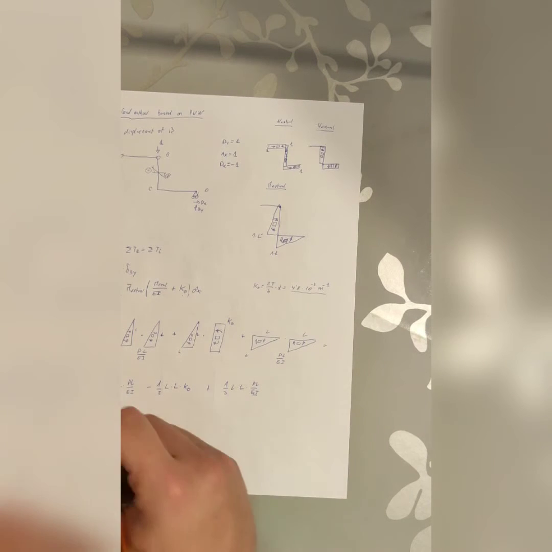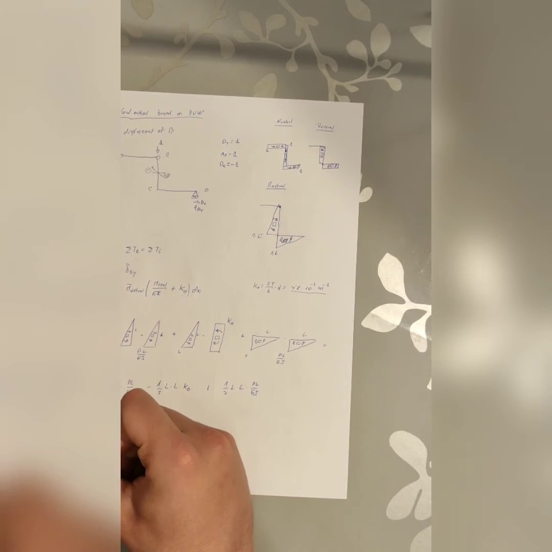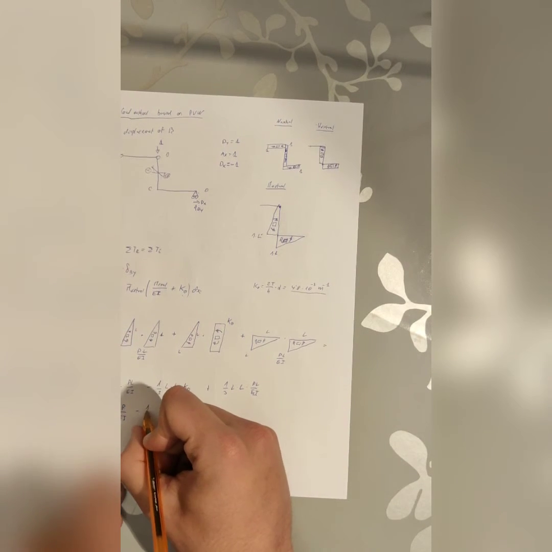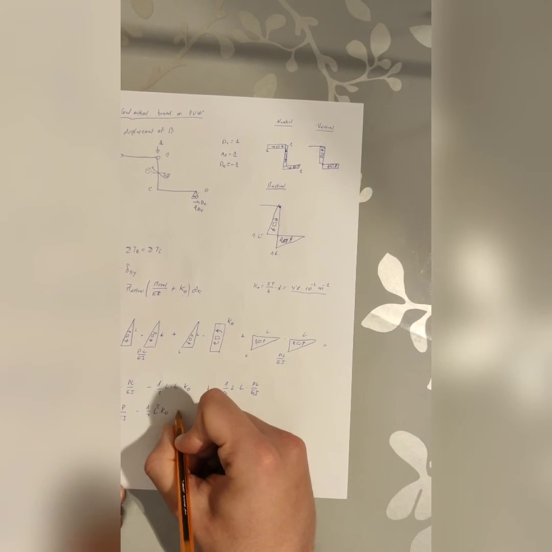This term and these terms are the same, so 2/3 L cubed P over EI minus 1/2 L squared K0.